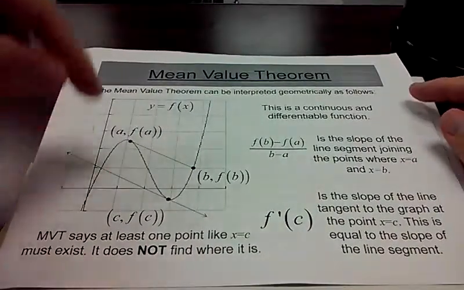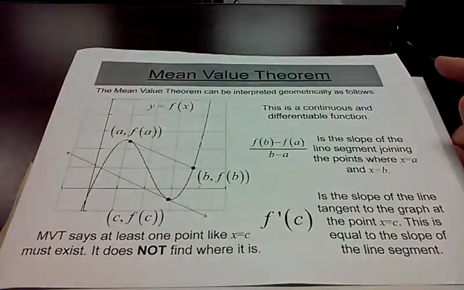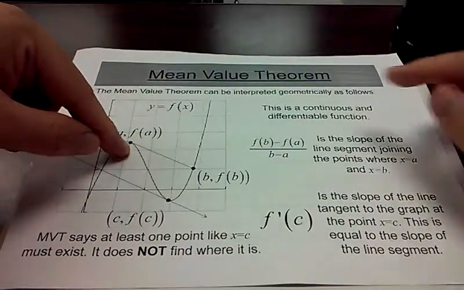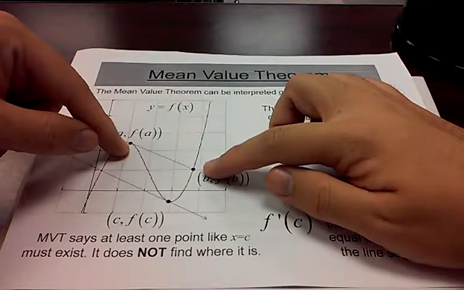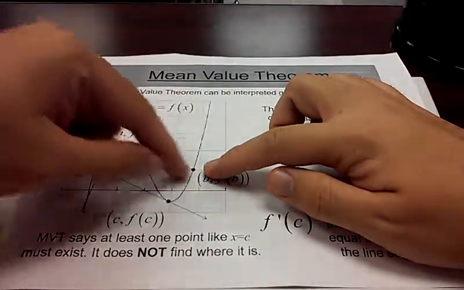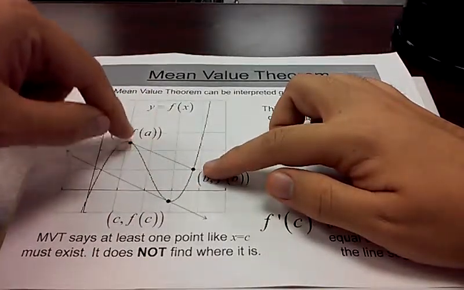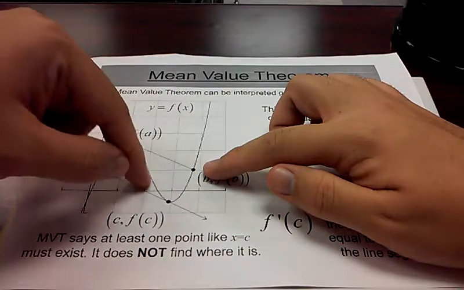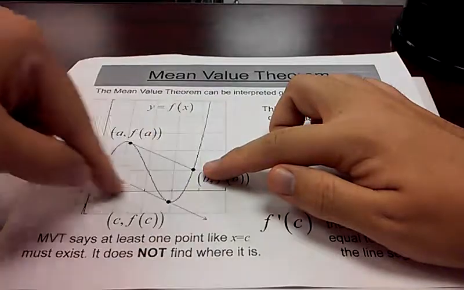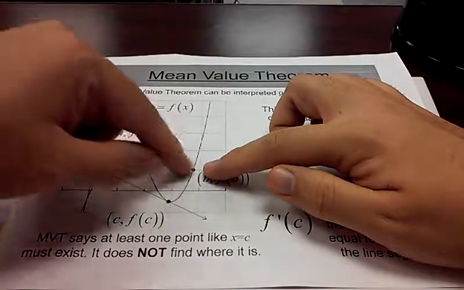Let's talk about it geometrically. Basically what the mean value theorem says is that if you have a continuous function that's also differentiable, and you are looking at the interval a and b, and you calculate the slope of the secant line between those two endpoints, then there has to exist some point on that interval such that the derivative at that point, or the slope of the tangent line, is equal to the slope of the secant line.